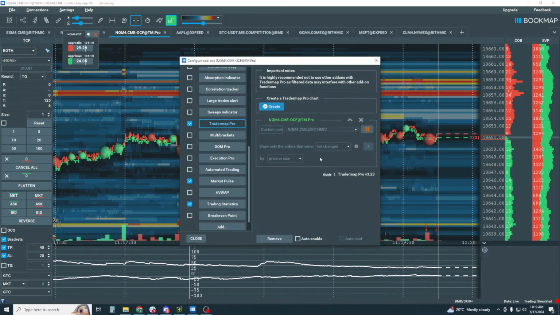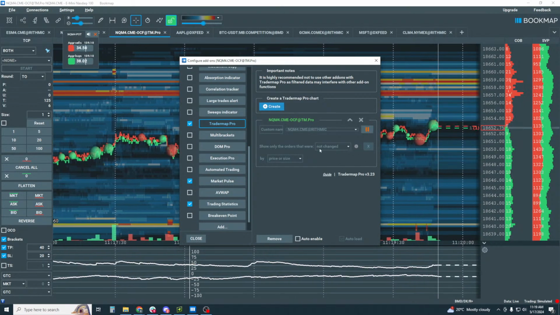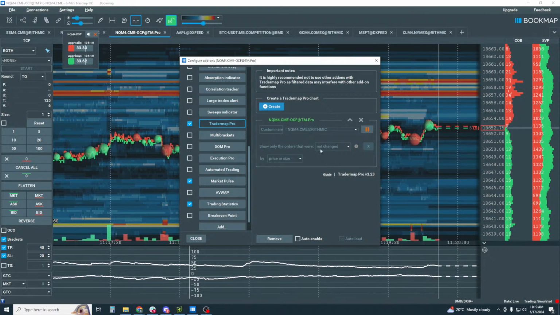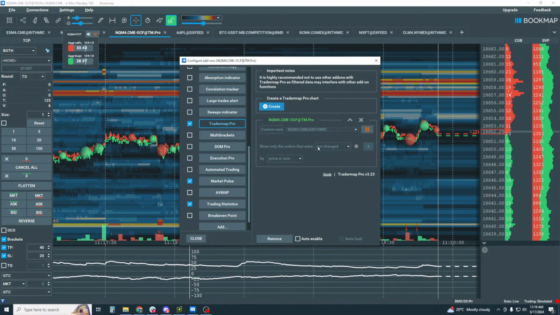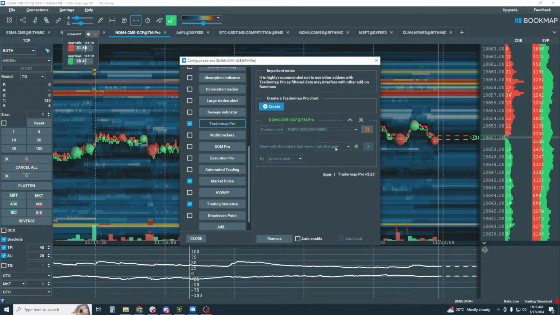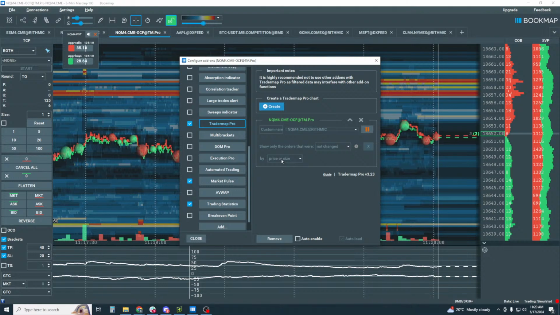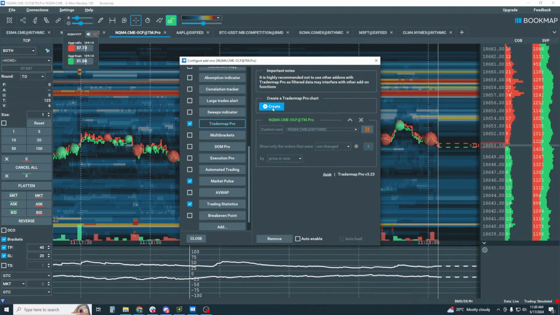Here, okay. All right, so you can see it here. It's on not changed. Okay, show orders, only the orders that were not changed by price or size. That's it. Okay, here we can create another one in here.